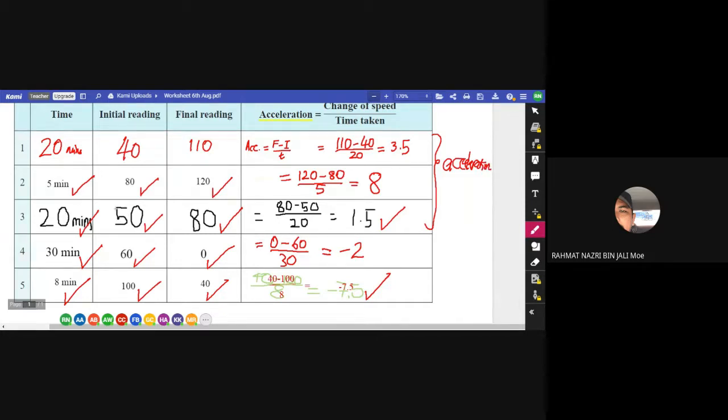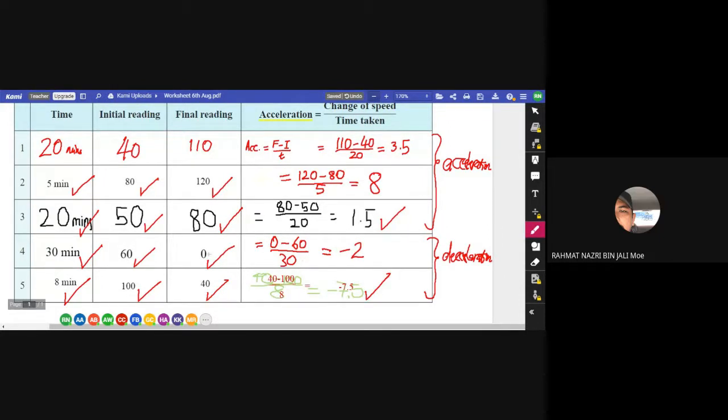Everybody copy this table. And when we have the negative value, this one is deceleration. The moving object is slowing down when they have a negative.